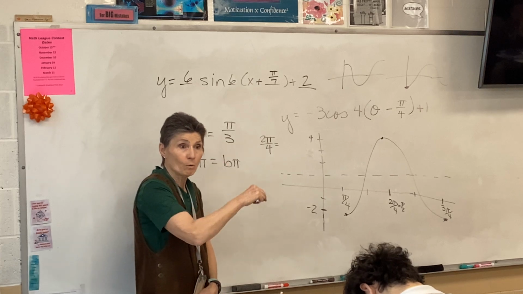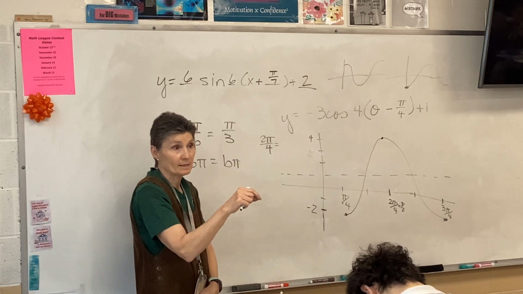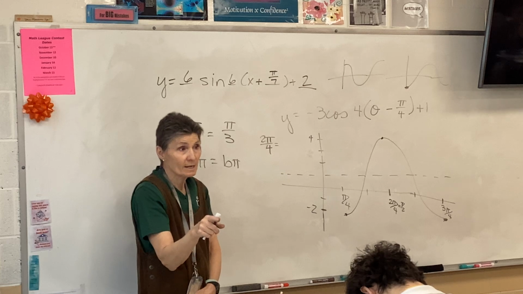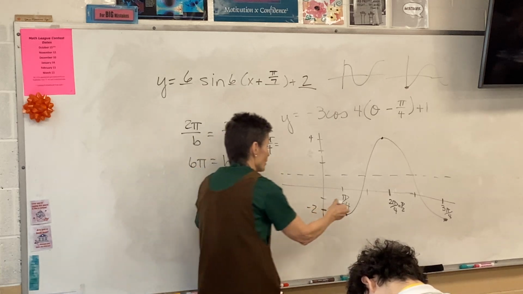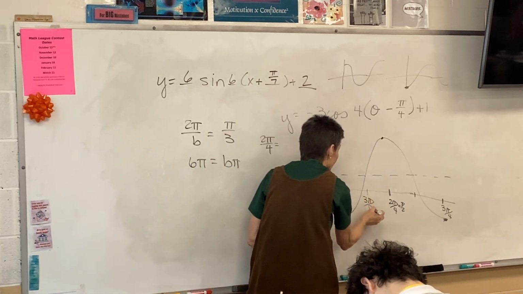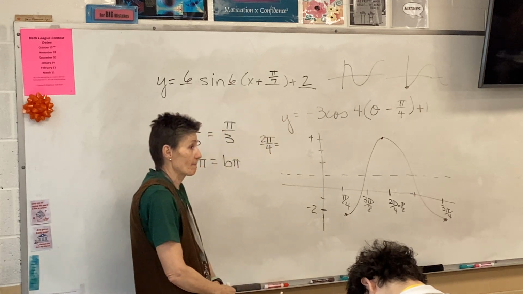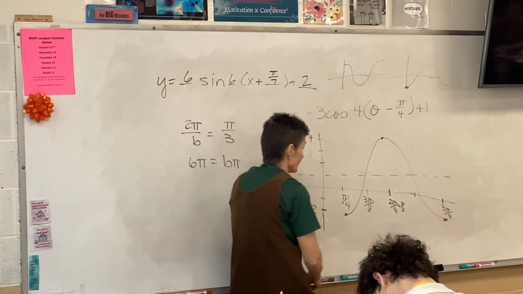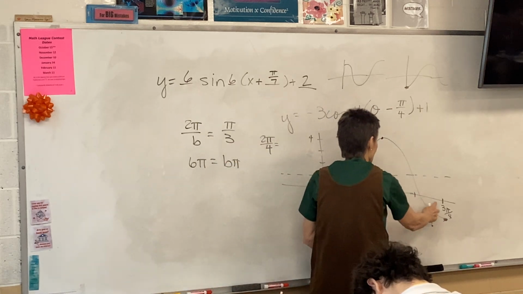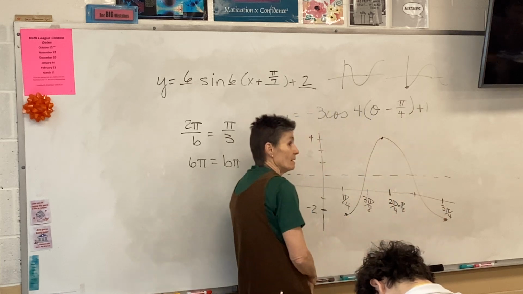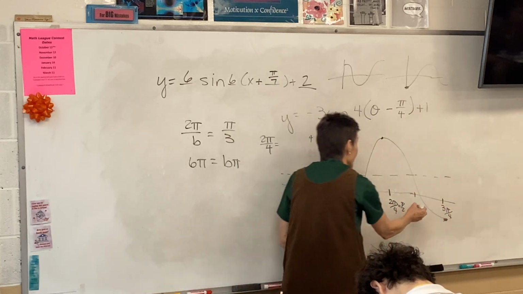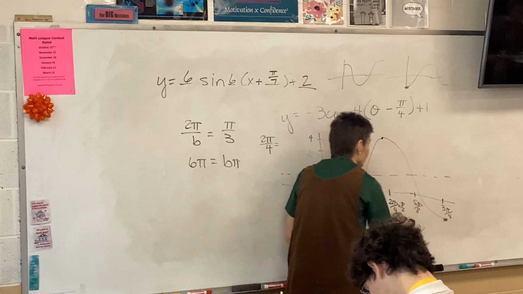So 1/4 and 2/4 is 3/4, and half of that is 3/8. And similarly, 2/4 and 3/4 make 5/4, and half of that is 5/8.